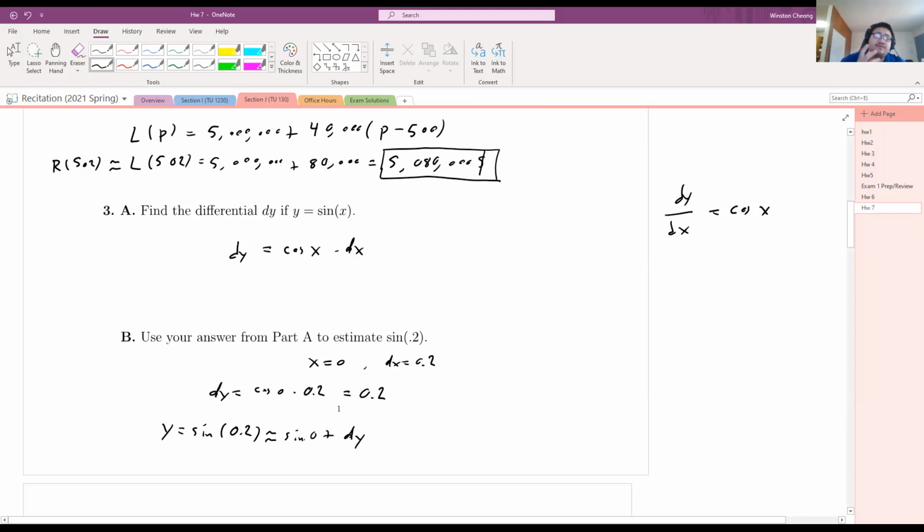If we didn't start at 0, but started at, say, pi over 4 or something like that, then this would be a non-zero value. But you would still be able to measure how much you expect the y to change if you changed x by a certain quantity. Here this is just 0.2, as we talked about before. Does this sort of make sense?